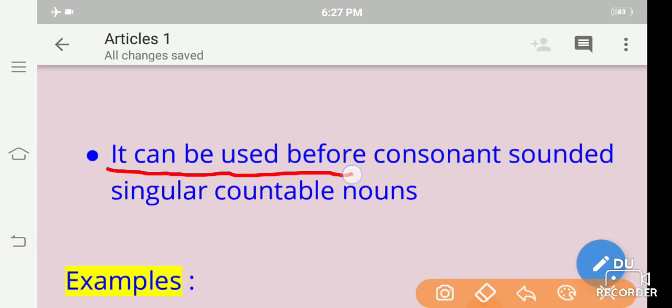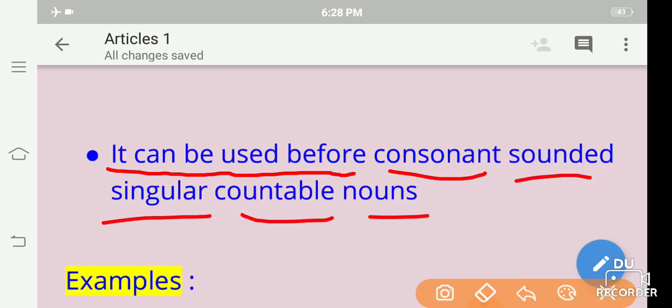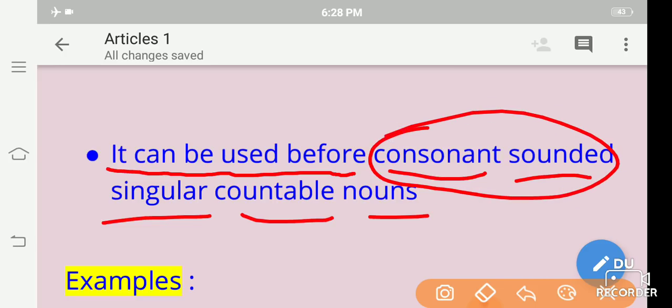It can be used before consonant sounded singular countable nouns. These three words are the keywords to understand where to use article a. If you understand this rule or concept well, you can use the article a very easily, friends.